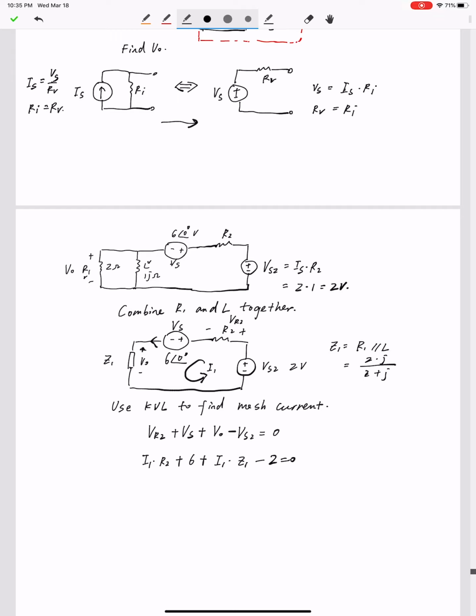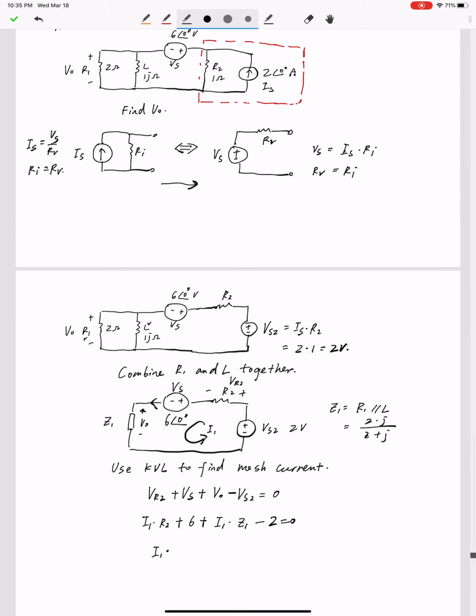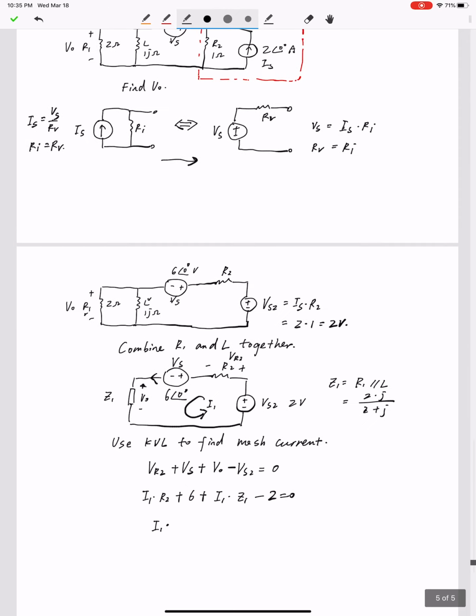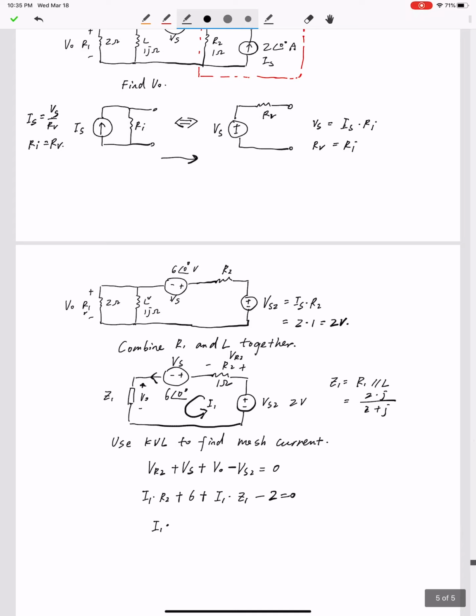Let's plug in all the values. What's the value for R2? It is 1 ohm. So I1 times 1 plus 4 plus I1 times 2j over 2 plus j equals 0.